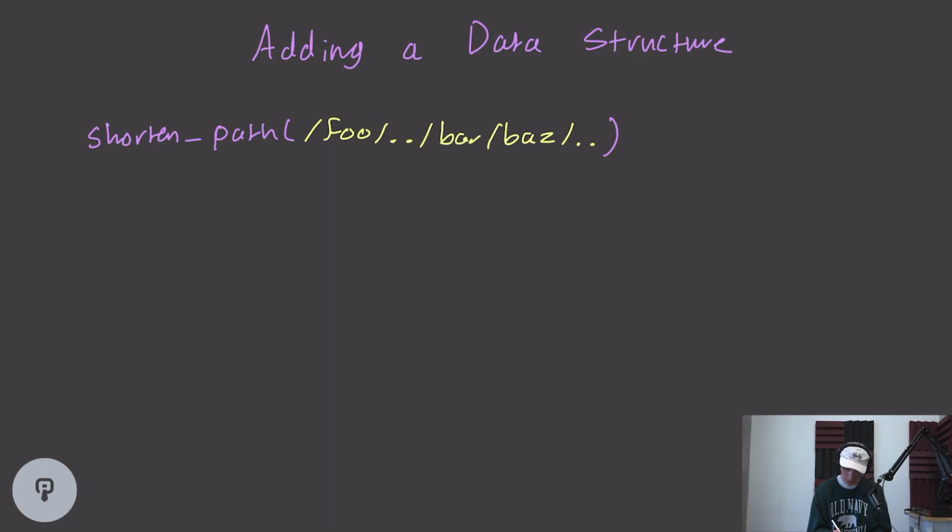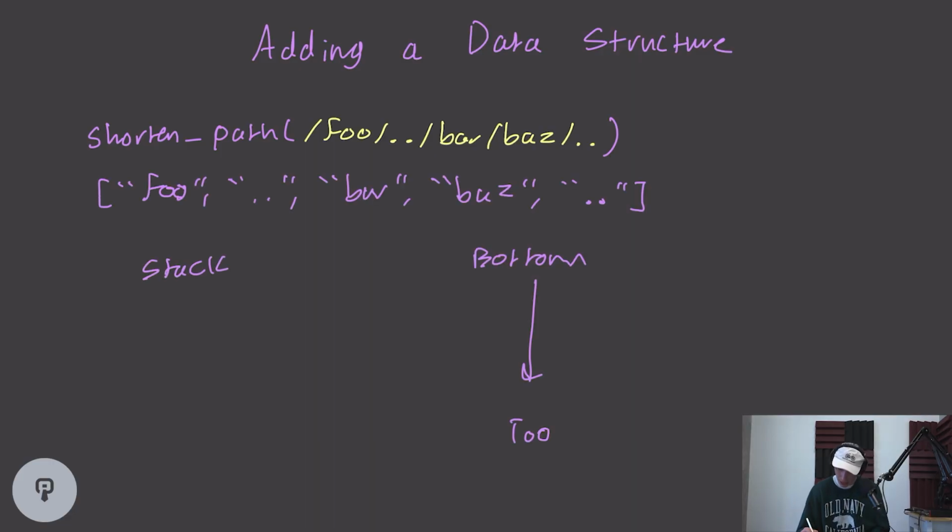So let's try adding a stack into our solution. So the first thing we're going to do is we're going to tokenize the path. And that's just a fancy word for saying let's split the path into strings. So let's get our tokens here. Great. And I'm going to make a stack here. And what we're going to do is we're going to have two rules.